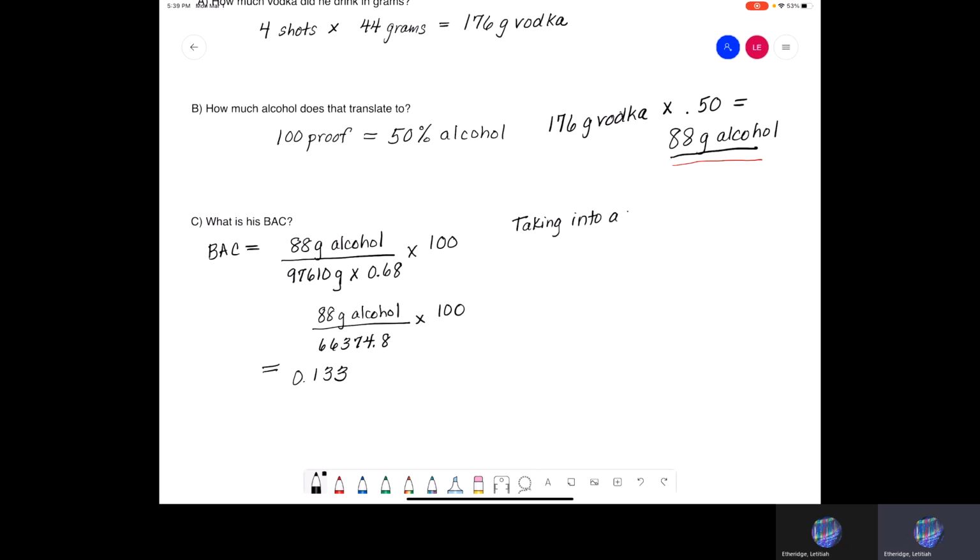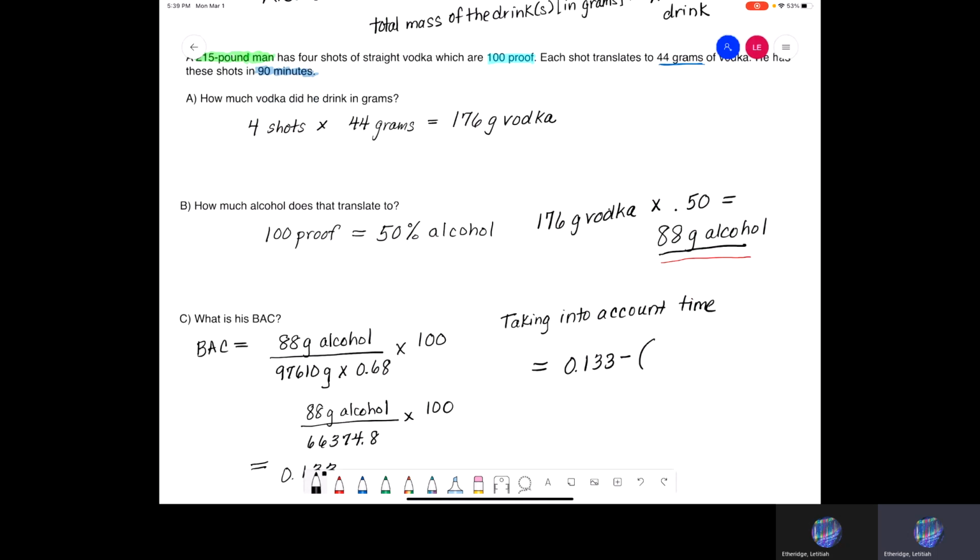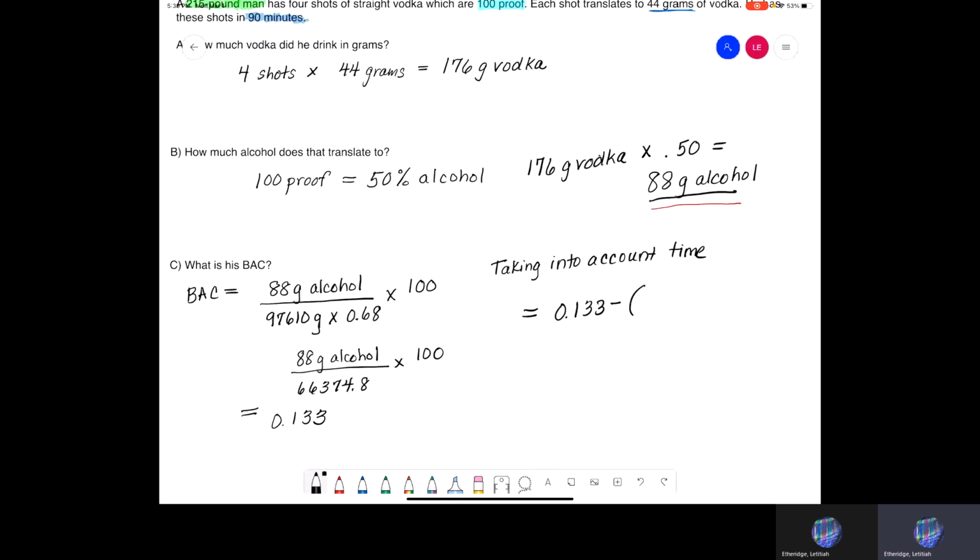Now we need to take into account time. If you need the equation, go back to the first page. If we take into account time, it is going to be the BAC that we calculated, minus the time in hours times 0.015. My man was drinking for 90 minutes, so that is an hour and a half. So 1.5 hours times 0.015.